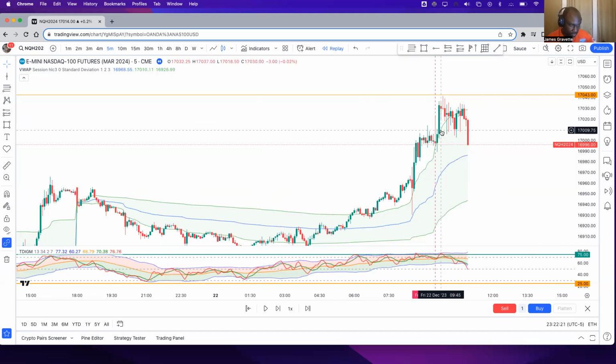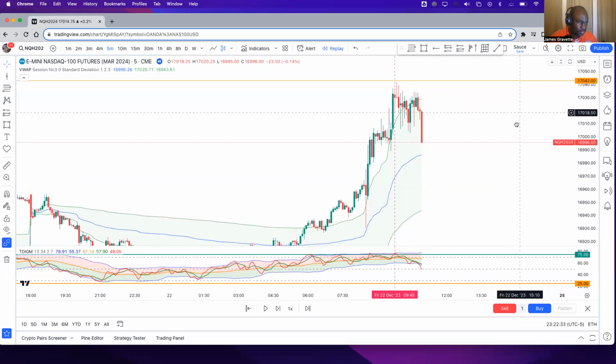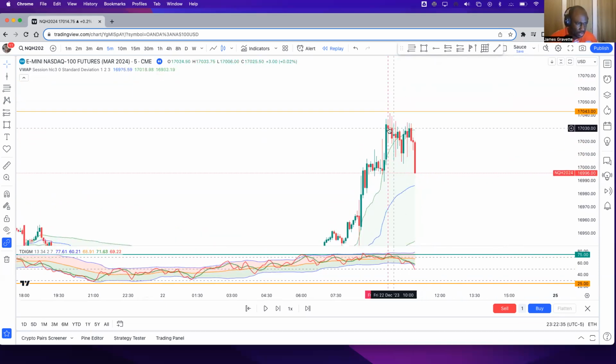So if this is 76, we're on this candle, right? That's the 76 candle. And what I want to be in is the low of that candle, right?